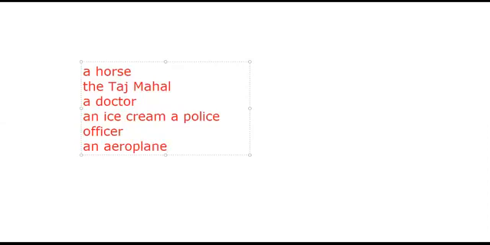Now exercise E, you have to write only A or N. Number 1. A high hill. Write a high hill. Number 2.